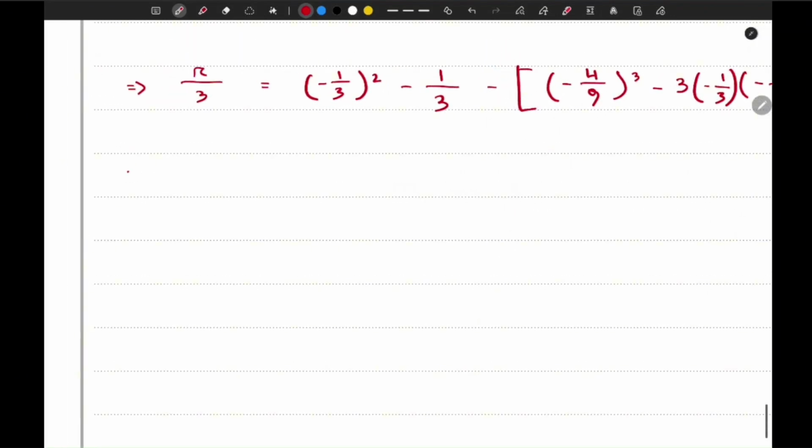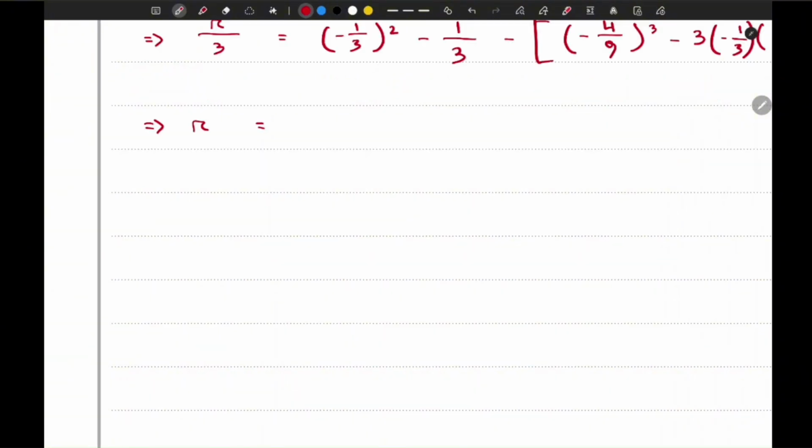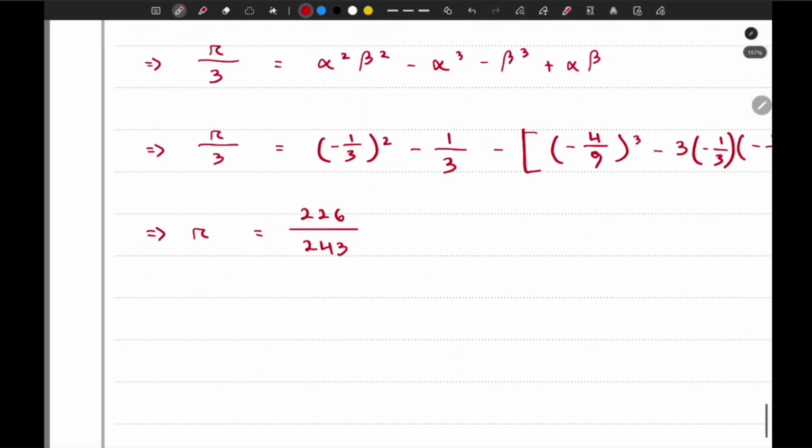Now we just need to solve for r. So the value of r is 226 divided by 243. So that is it for this question.